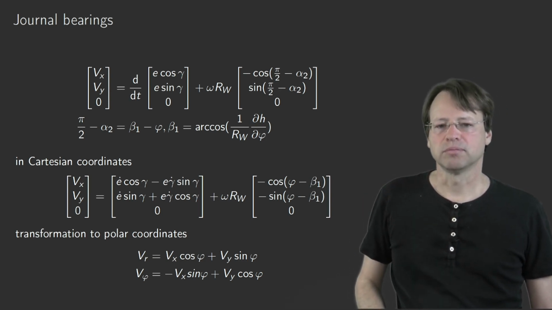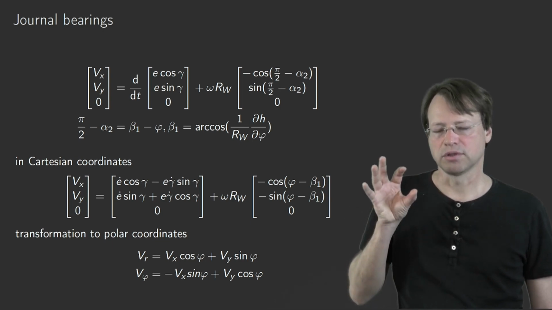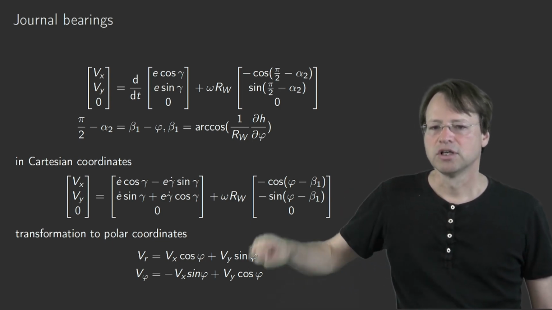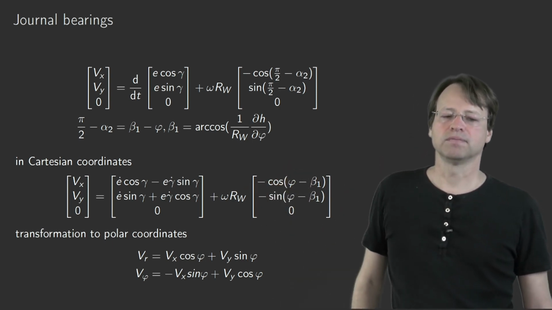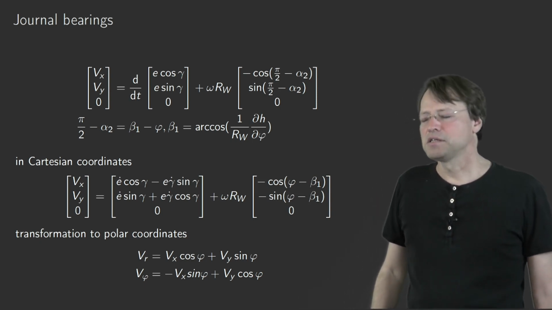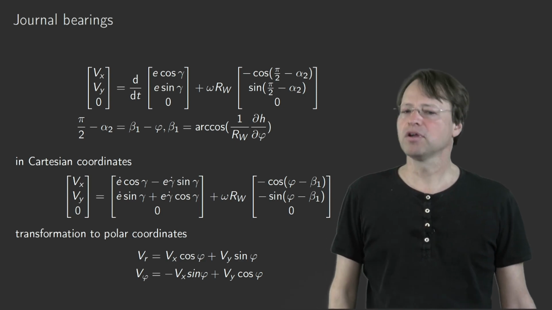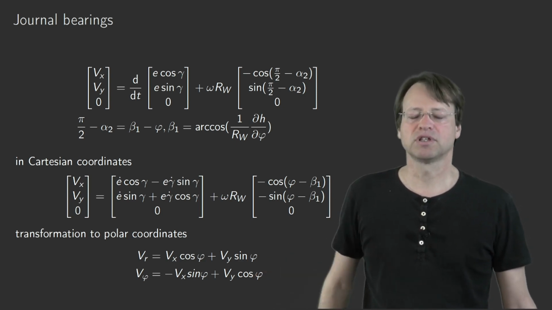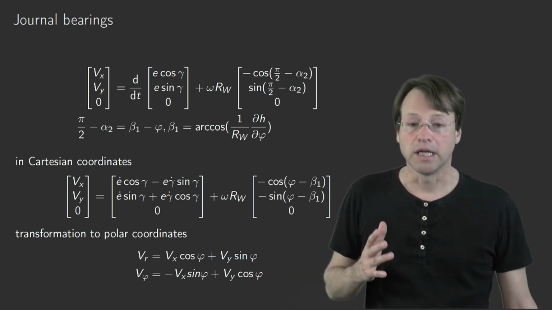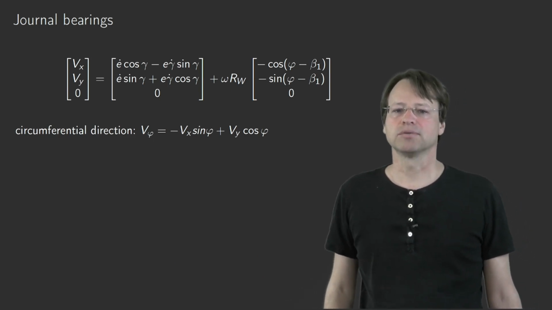Which r would here be appropriate? We are dealing with the circumference of the shaft, so it's r sub w. So a result at least close to omega times r sub w would be something you would expect in the circumferential direction. Let's have a look whether this is true.